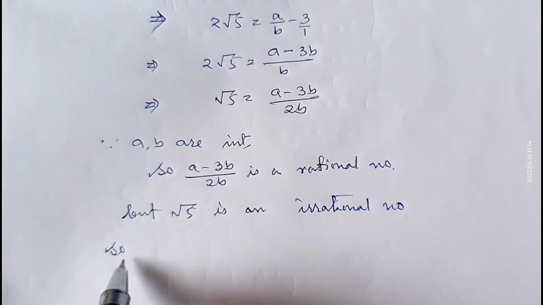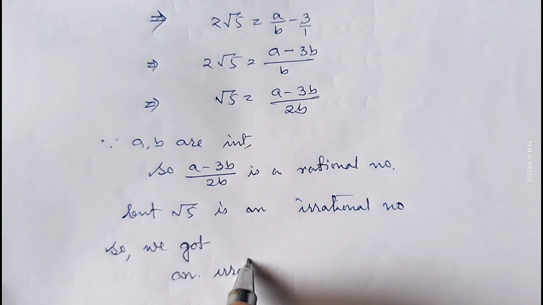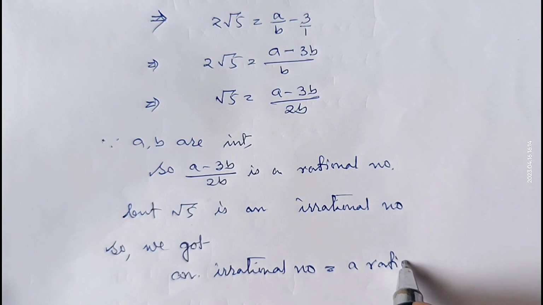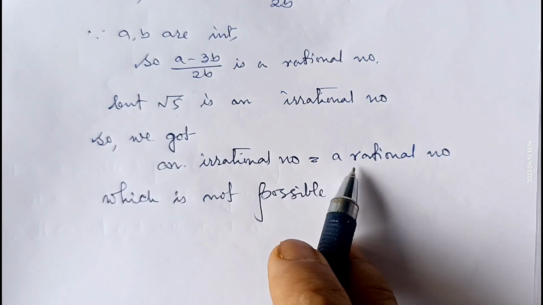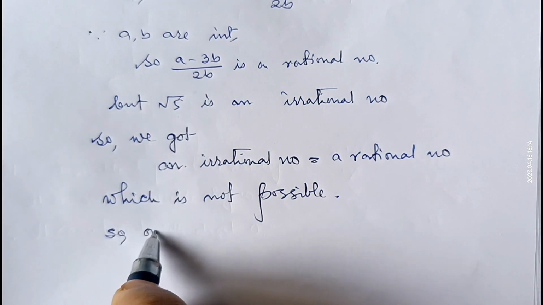So we got an irrational number equal to a rational number, which is never possible. So our assumption was wrong.